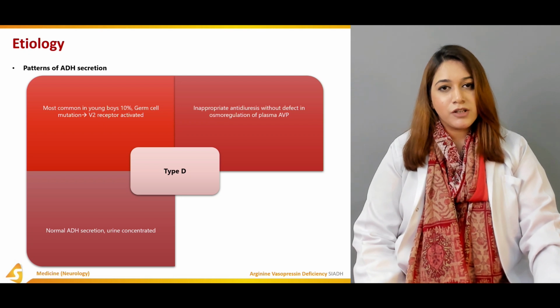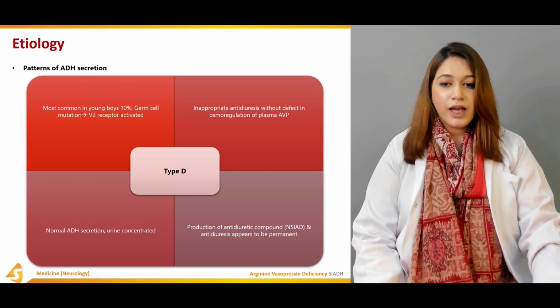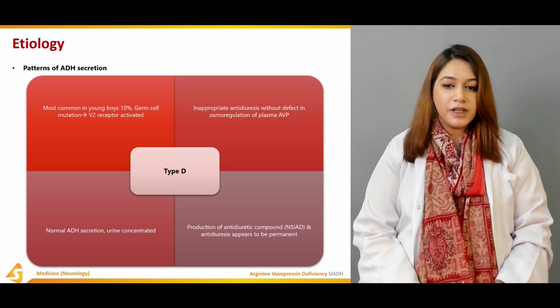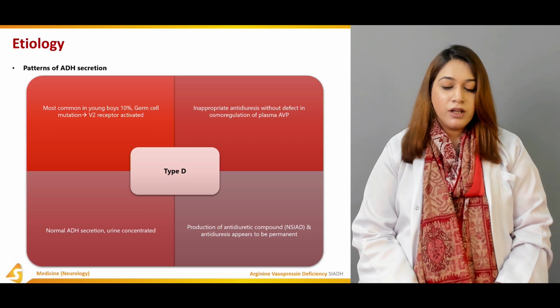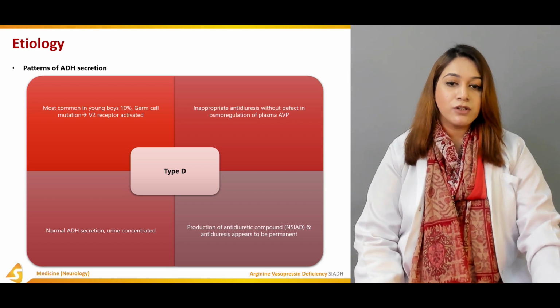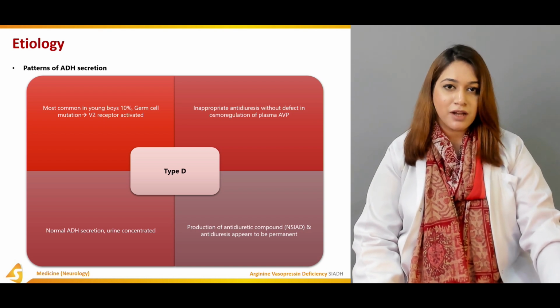Normal ADH secretion, but the urine will still be concentrated. And antidiuresis in this case appears to be permanent. So in type D, there is no excessive production of ADH, but the urine is still concentrated because there is a germ cell mutation in the V2 receptors which leads to its activation.